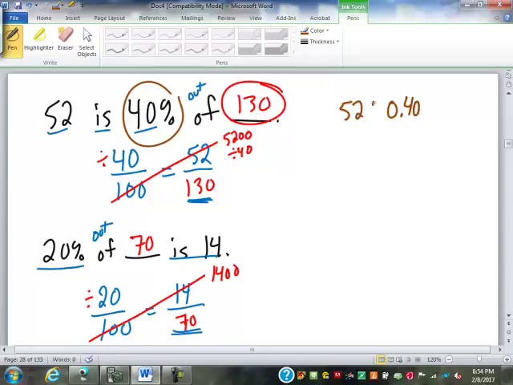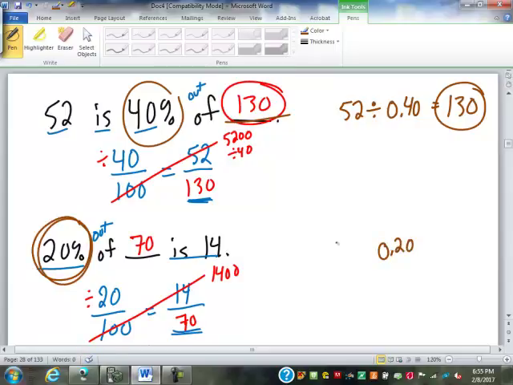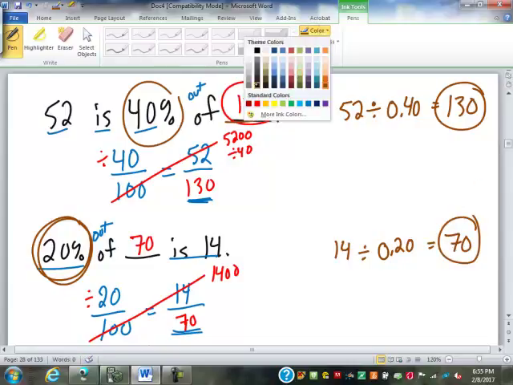However, we do not take 52 and multiply by 0.40. For this problem, it would have to be 52 divided by 0.40 to give us our answer of 130. Same here. This is 20%, 0.20. It would be 14 divided by 0.20 to give us the 70.